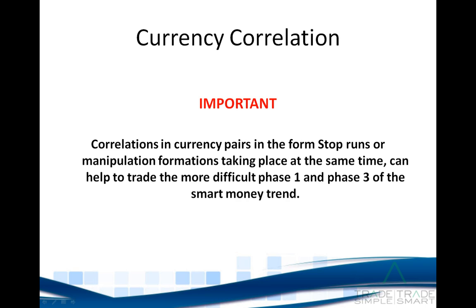So currency correlation can help with the everyday intraday trading, as long as we're obviously in line with the smart money trend. But for those more difficult phases, such as level 3 accumulation and the identification of phase 1, it's a great tool to assist you in your analysis and your trade entry decisions.